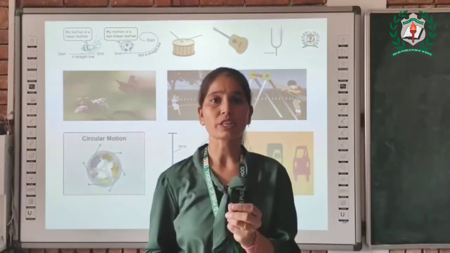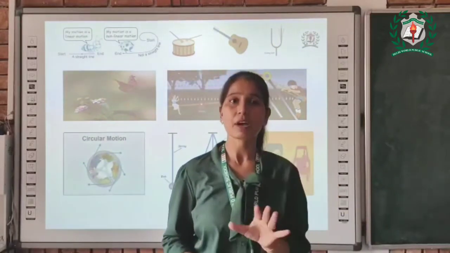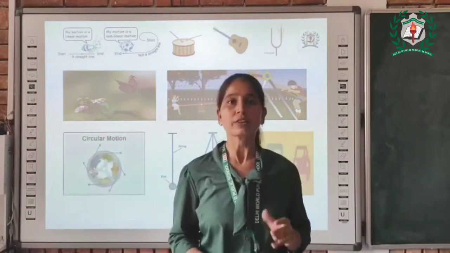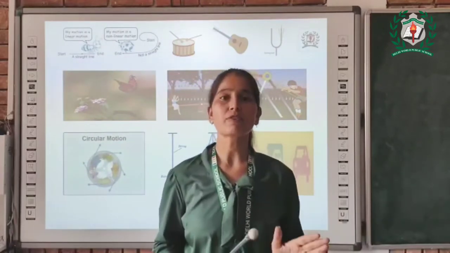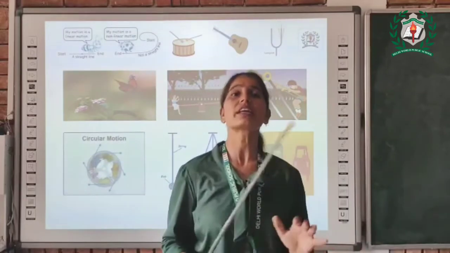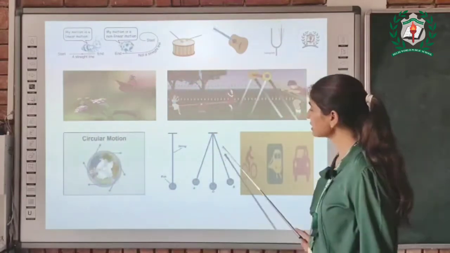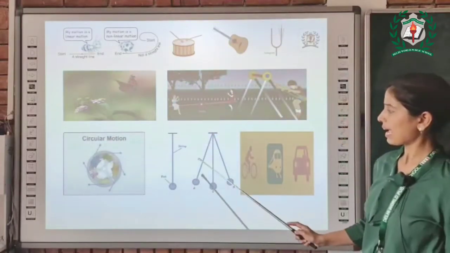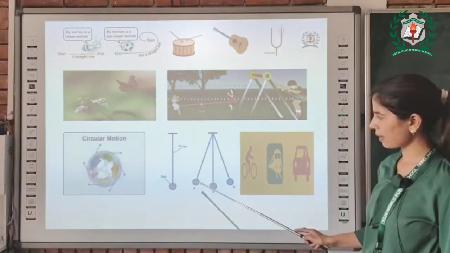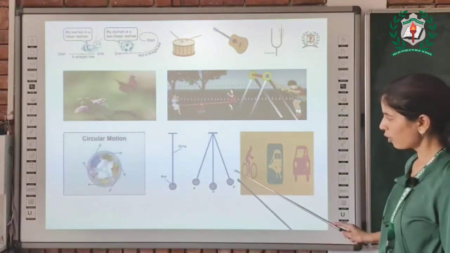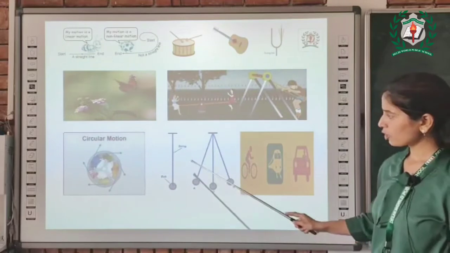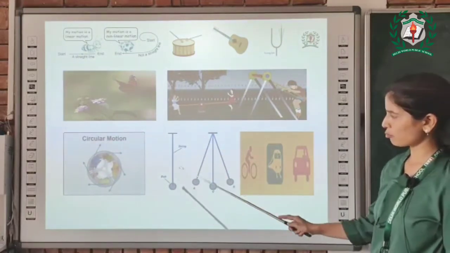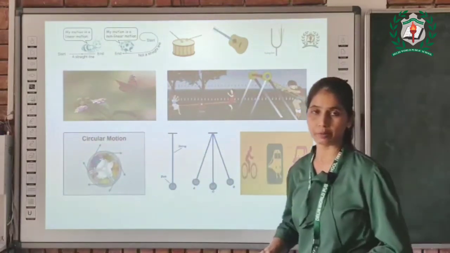The time taken by an object to complete one oscillation is the same, no matter how many oscillations the object takes. This type of motion is known as oscillatory motion, like the motion of this simple pendulum. As you can see, this bob will move to and fro on the same path.